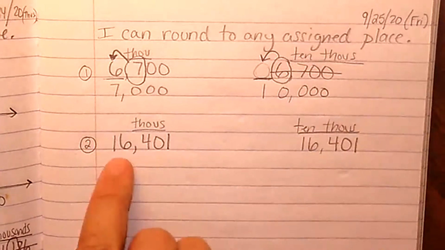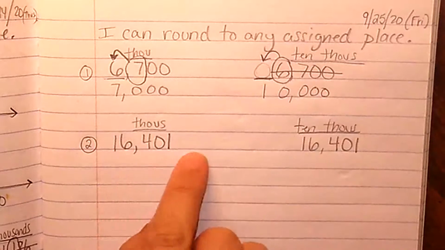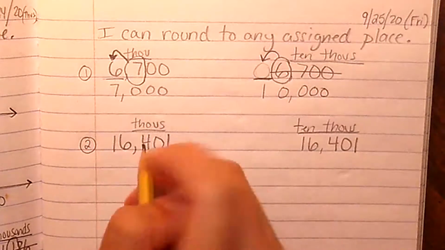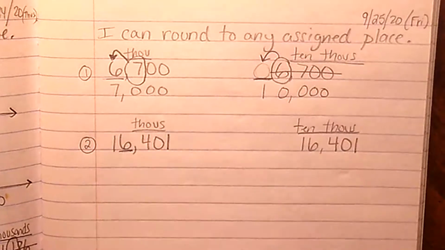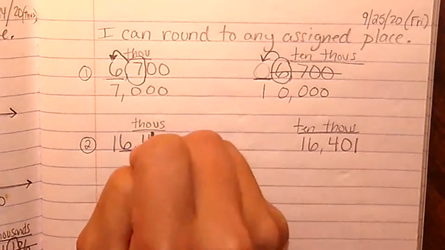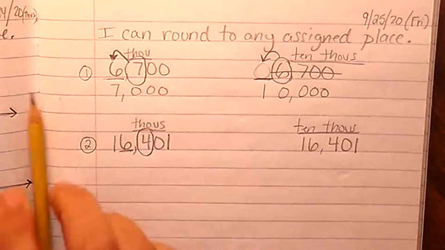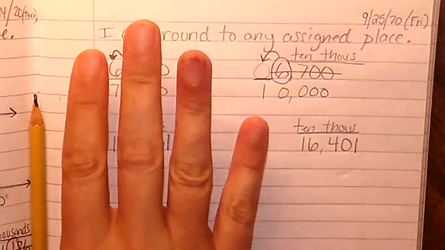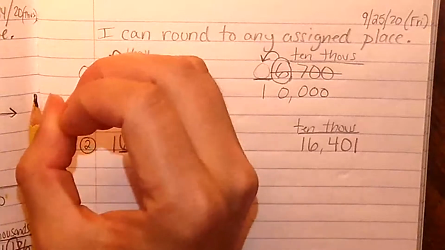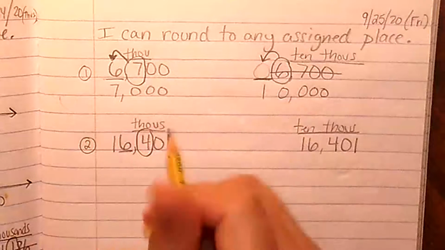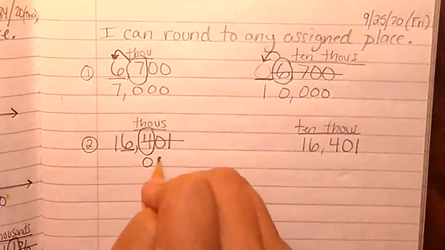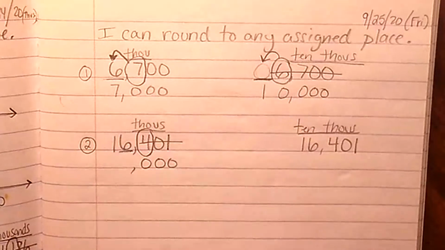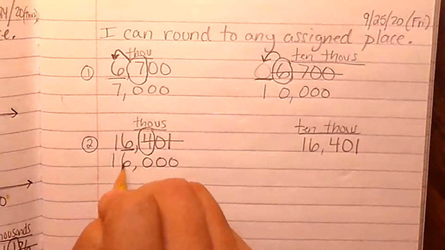All right, which number is in the thousands place? You said the 6, you're right. So underline the place. Circle the neighbor. Is 4 a handful? No. So there's no problem. It all turns to zeros. Everything's fine. The 16 in front stays 16.